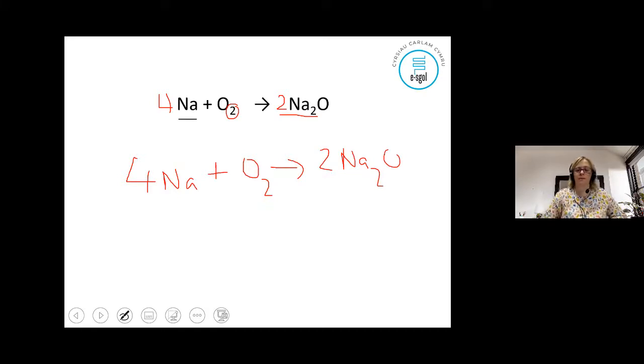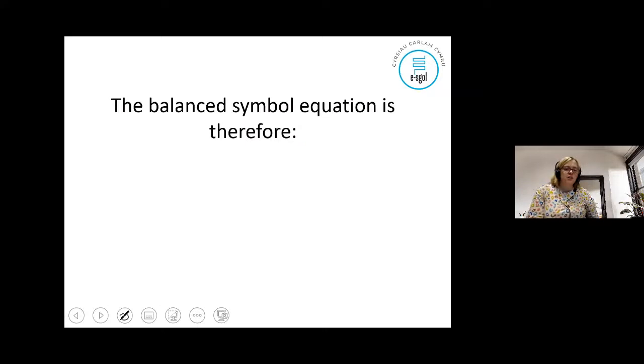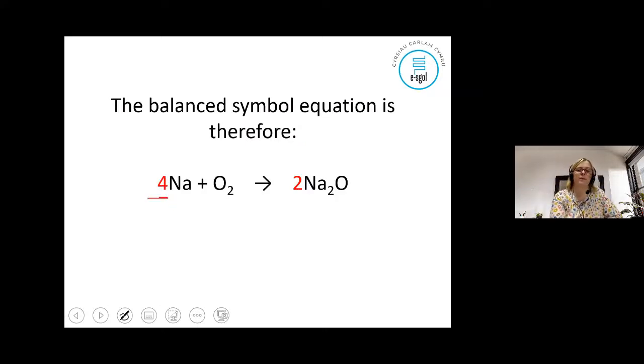Balancing equation, as you can see, therefore, it's got a 4 Na and it's got a 2 there. So that was slightly more complex than the earlier example because there was an issue with both atoms, in this case, the Os and the Nas.